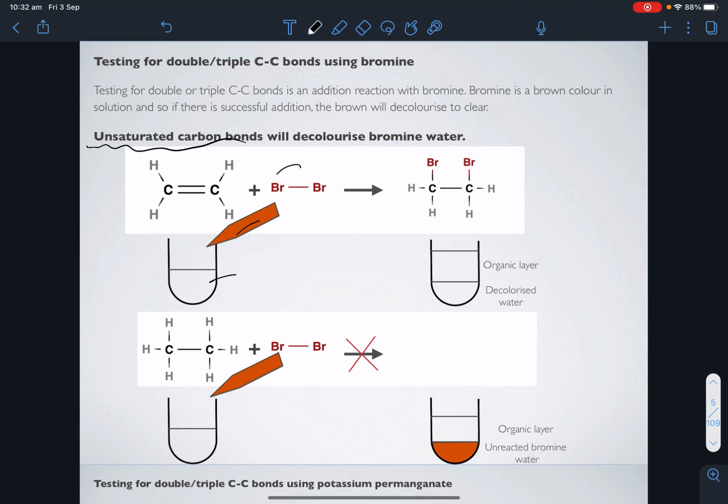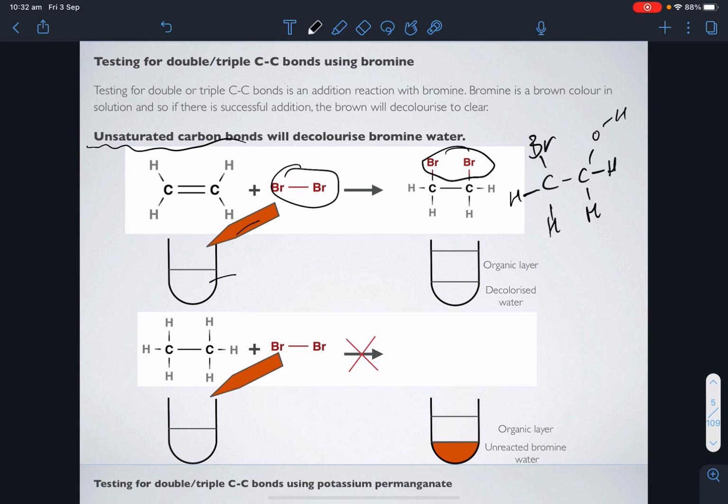I've just put bromine water as Br2, adding a Br and Br across the double bond. We know that because it's in solution, the water is going to interfere with it, and it actually goes to this product instead. But the HSC, for some reason, will still mark you correct for this to keep it simple, so don't worry too much about that.